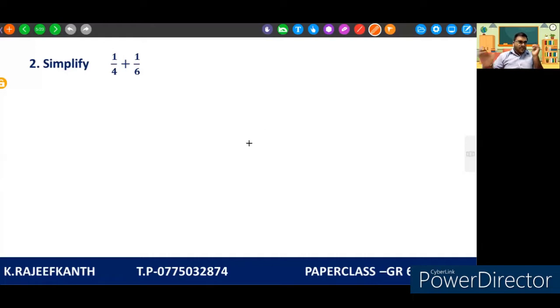Because if the denominators are equal, then directly we can add. But in these two fractions, the denominators are different. So you have to get a common denominator. So how can we get that common denominator?